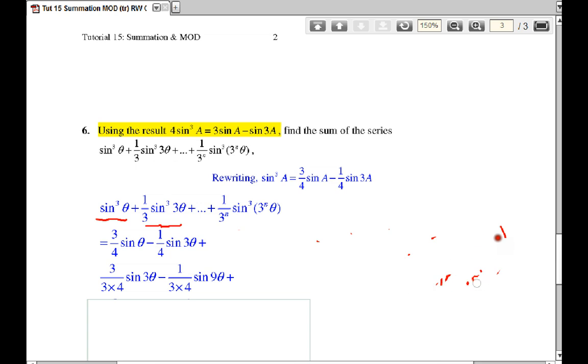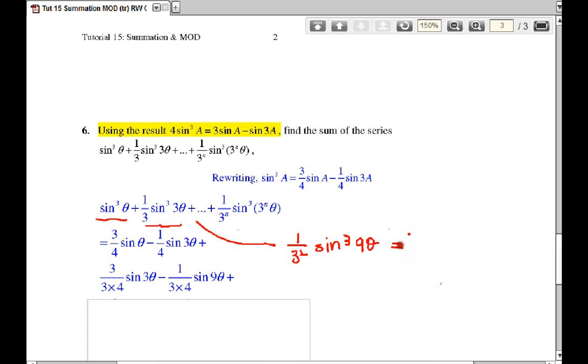The next line actually, even though it's not given in the question, we should know what is the next term. The next term should be 1 over 3 square sine cube 9 theta. Am I right?